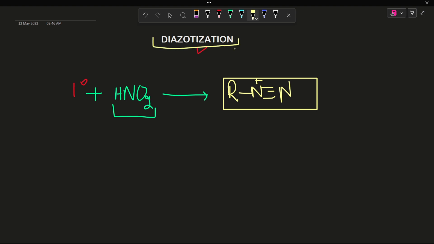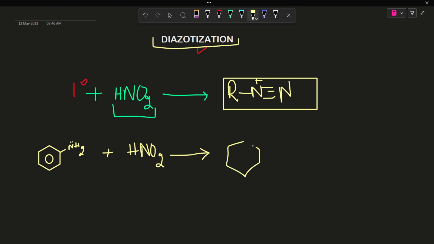So this diazotization, in the case of aromatic amines, so aryl amines, for example, we have NH2. This diazotization is of very synthetic importance, because once diazotization is done with HNO2, if it is followed by some other reactions which we will be discussing in future, we'll be getting N triple bonded N positive charge over here and a lone pair over here.